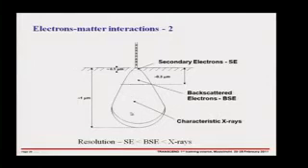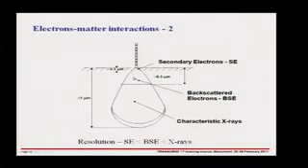They go into the sample, and as they go in, they hit the different atoms in the sample, and they undergo a whole series of scattering processes. The labels here and the various depths are not the depths of generation of those signals, because all those signals, secondary electrons, backscattered electrons, characteristic X-rays, will be generated throughout the interaction volume.